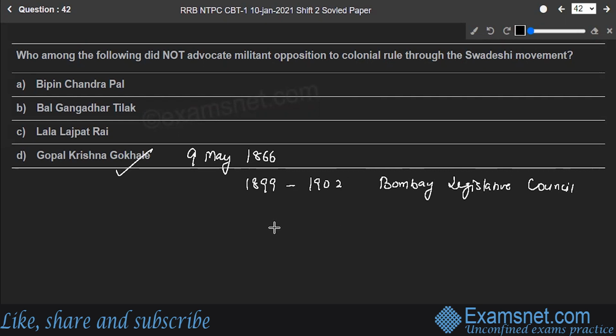In the Imperial Legislature, Gokhale was instrumental in formulating the Morley-Minto reforms of 1909 and advocated for the expansion of legislative councils both at the center and in the provinces. In the Banaras session of 1905, Gokhale became the president of the Congress. So we have option D as the correct answer to this question.